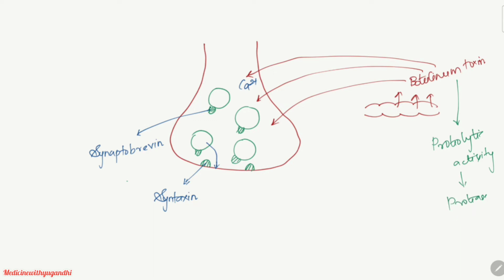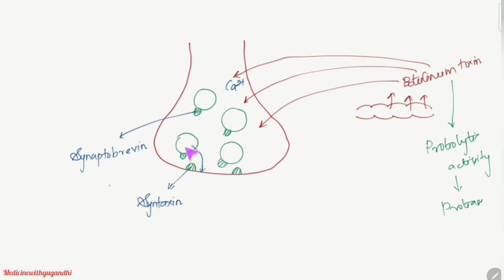Right. So as soon as this gets concentrated at the nerve terminal, it starts digesting the synaptobrevin and syntaxin. Hope you all remember that only when the synaptobrevin and syntaxin come in contact with each other, the vesicle will open, and thus lead to the release of the neurotransmitter within it, mainly acetylcholine.